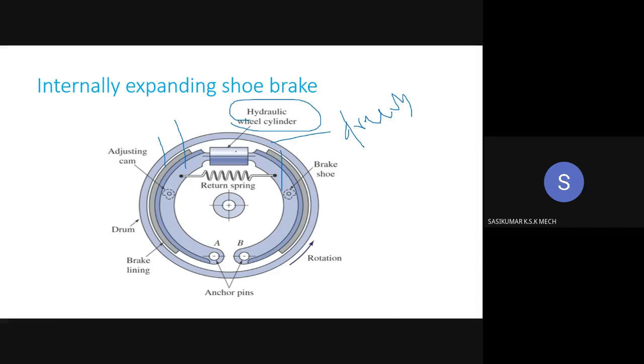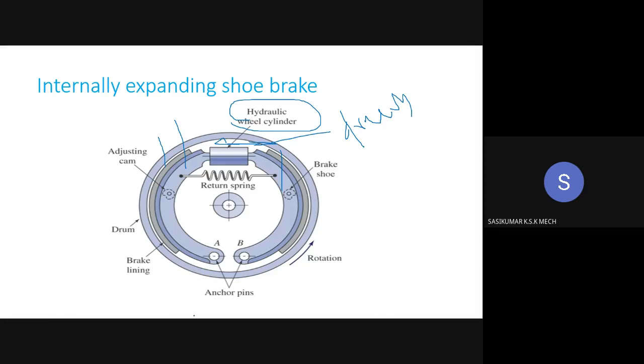When you actuate this, the brake shoes move in this direction so that the brake lining makes contact with the drum. So it arrests the movement of the drum. This is the internally expanding shoe brake, commonly used in all automobiles, particularly in two wheelers and four wheelers.